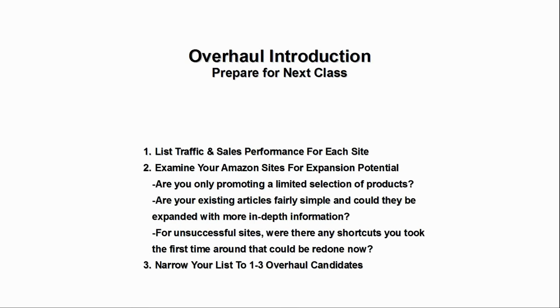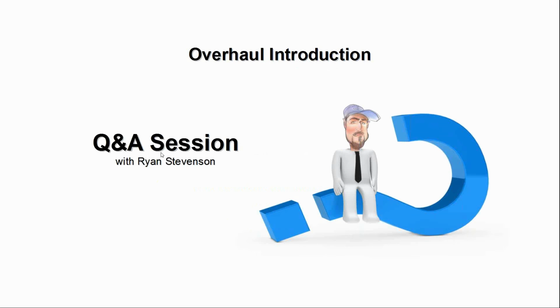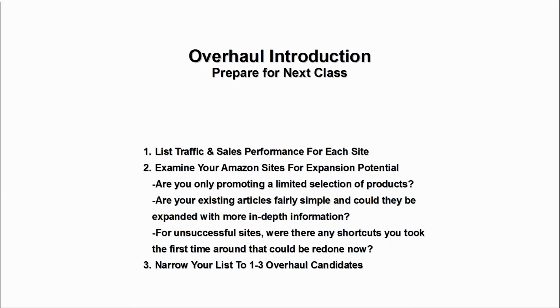Let's see, Jacob is asking what your homework is for this week. I briefly went over this previously. Preparation for the next class is really just about looking through your existing Amazon sites and narrowing that down to a couple of potential candidates that you will at least consider for an overhaul.